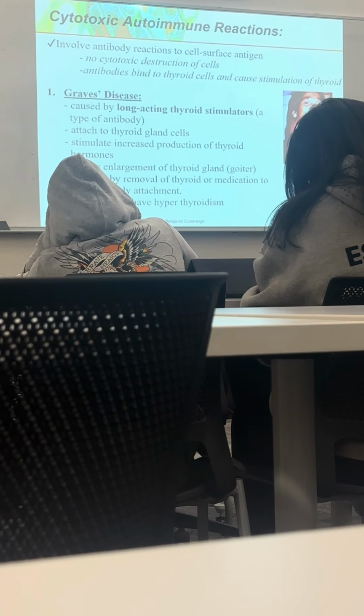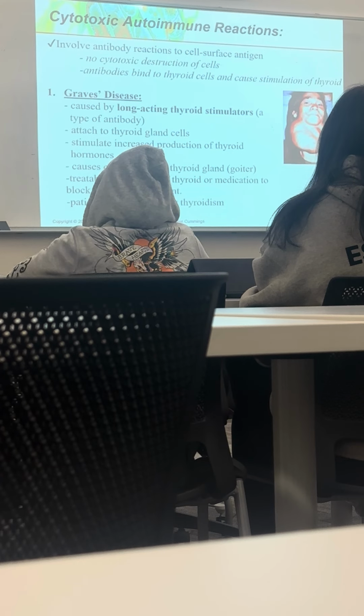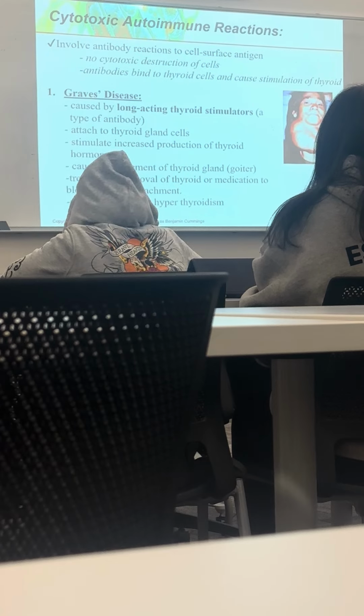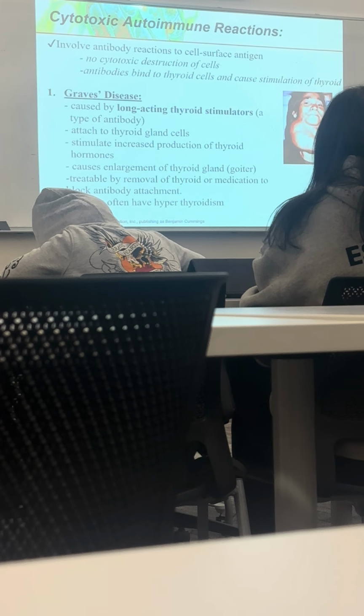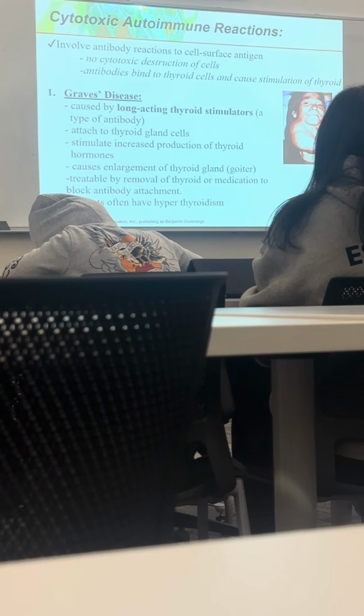And so in this situation, you're having your antibodies bind to your thyroid, and it's telling your thyroid, make more hormone, make more hormone, make more hormone, right? And so as a direct result of that, what you get is an enlarged thyroid, which looks like a goiter, right? In this picture, that's a goiter.